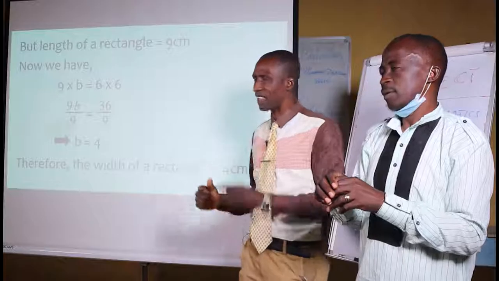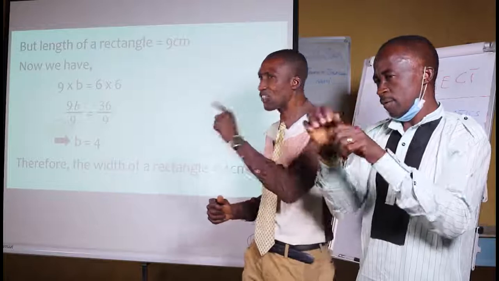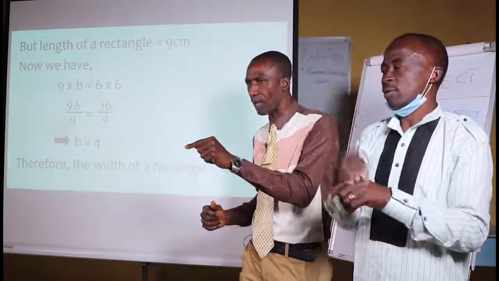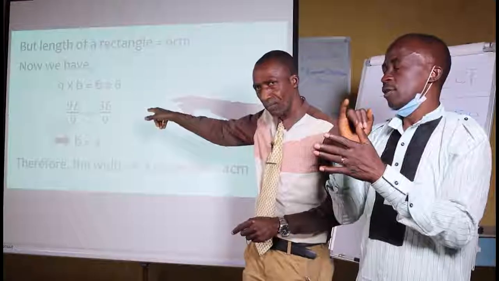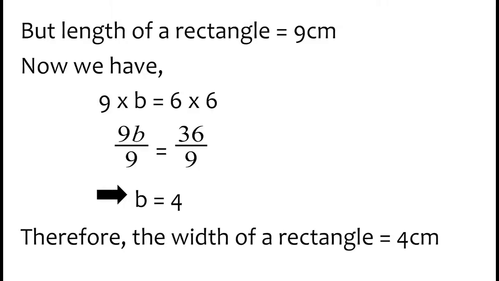And recall that the area of the square is d squared, and the value of d as calculated is 6. So that gives us 9 times b equals 6 times 6.